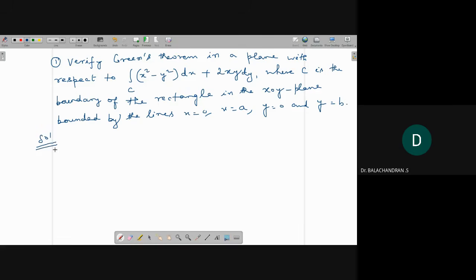Solution. First it is better to draw the region. So x equal to 0 means the y axis, this is x equal to a.